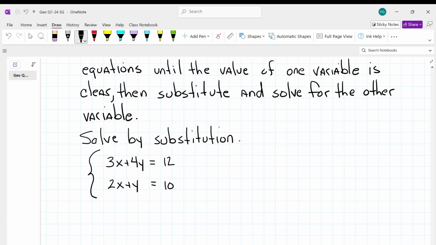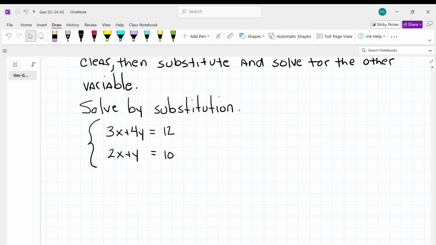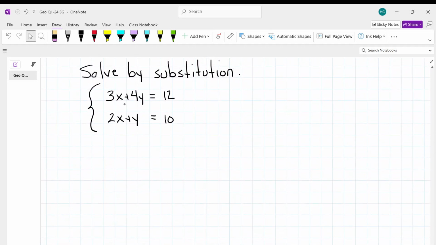Now, when you're solving by substitution, you are going to solve for a variable first and then substitute it into the other equation. Here's what I mean.